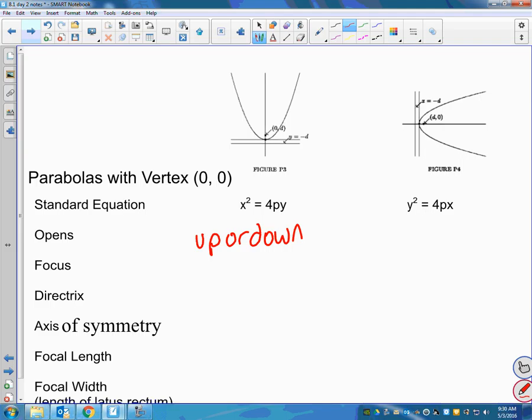Yeah, if there's a negative sign in there, then it's going to open down. Otherwise, up. If our vertex is at 0, 0, then our focus is just going to be up p units. So that means our focus is going to be the point, still at 0, but it's going to go up p units.